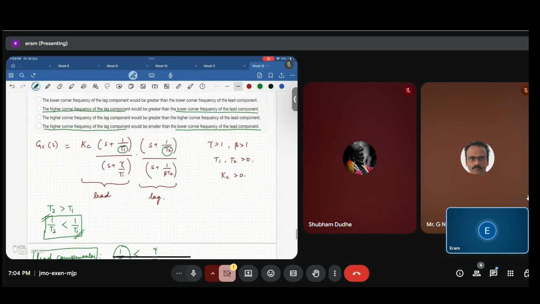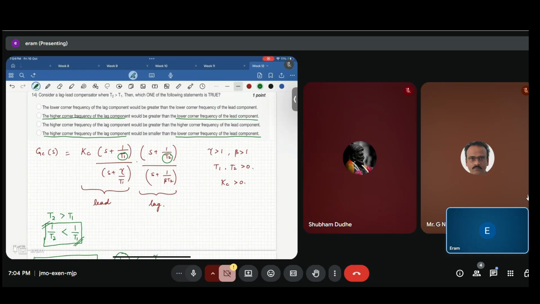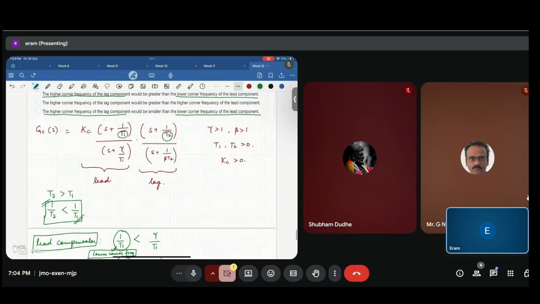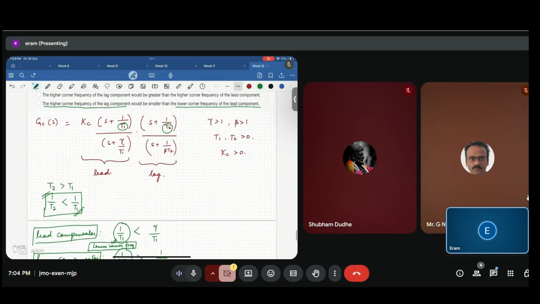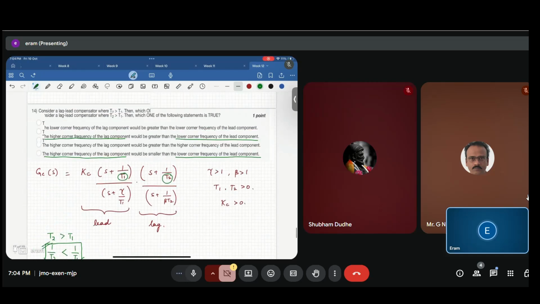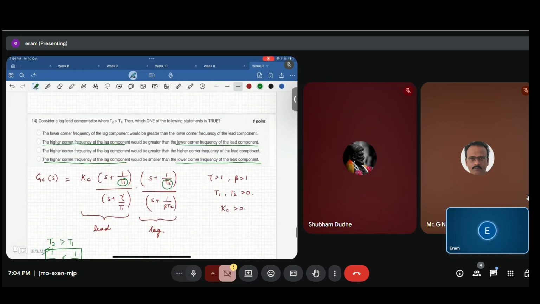So which is greater? The lower corner frequency of the lead compensator is greater, so the last option will be correct. Read it and tell me if the last option or the second option will be correct.